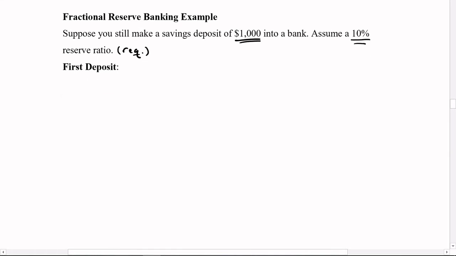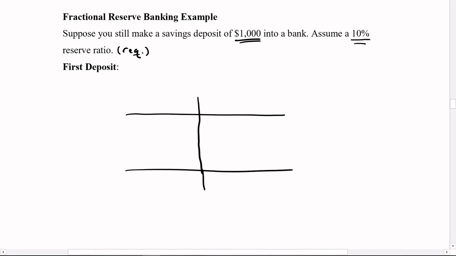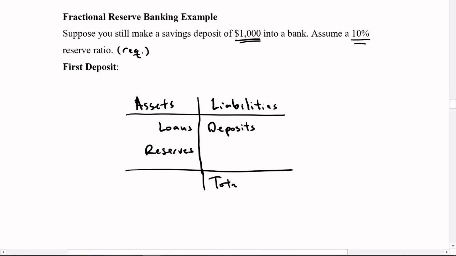And so we're going to, again, draw another balance sheet here for that bank. Assets, liabilities, deposits, loans, and reserves. And total.